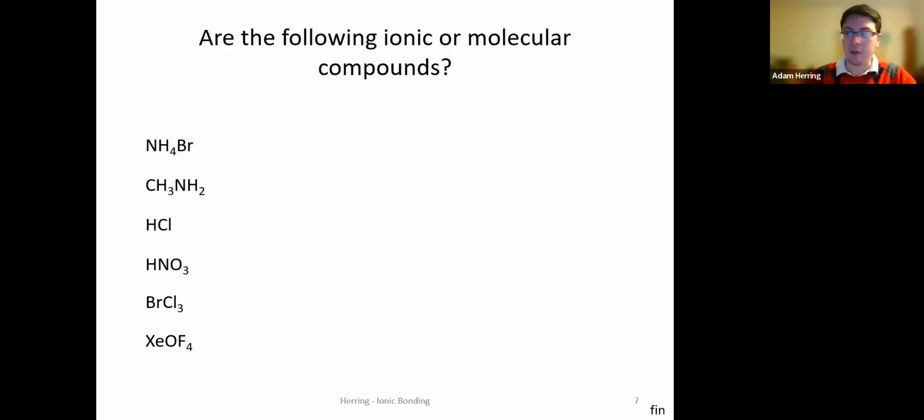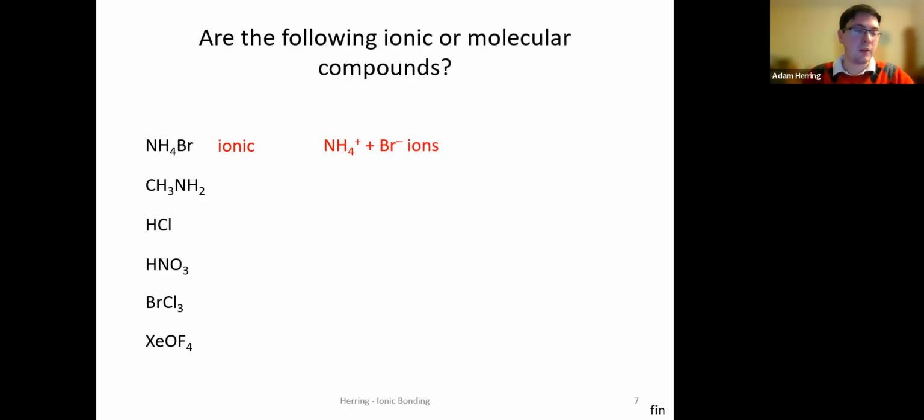Normally, in order to have ionic bonding, we need to have metals with nonmetals. In the case of ammonium compounds, the ammonium behaves as a cation, and therefore it forms ionic bonds. So this is an ionic compound because we have ammonium ions and bromide ions.